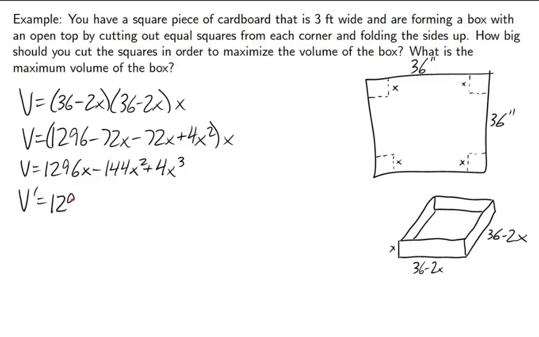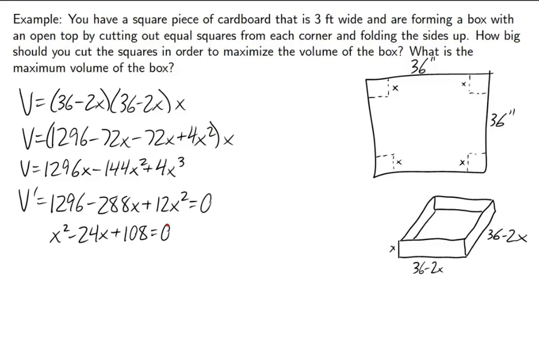We get 1296 minus 288x plus 12x squared. If you set this equal to 0, you can divide by 12 right off the bat, and you end up with the equation x squared minus 24x plus 108.